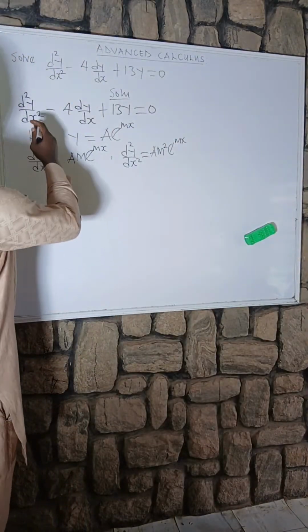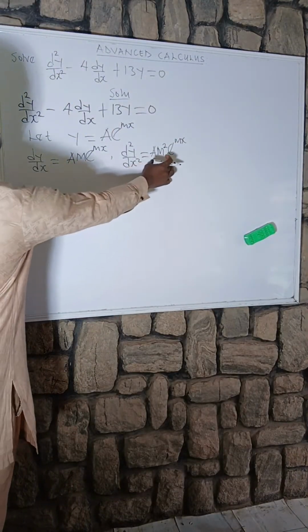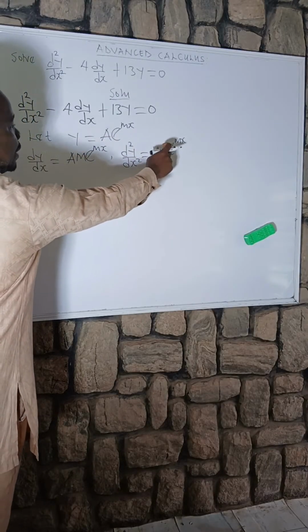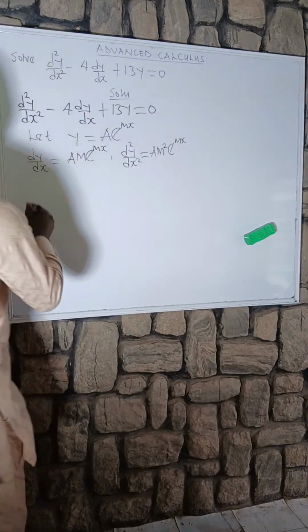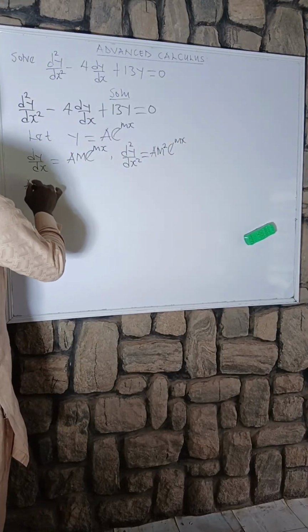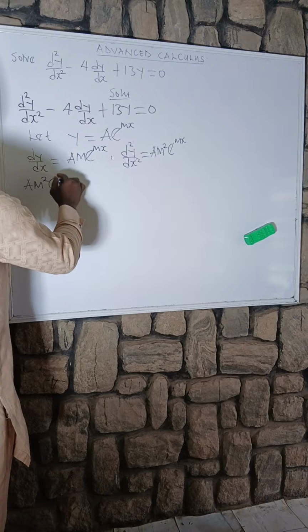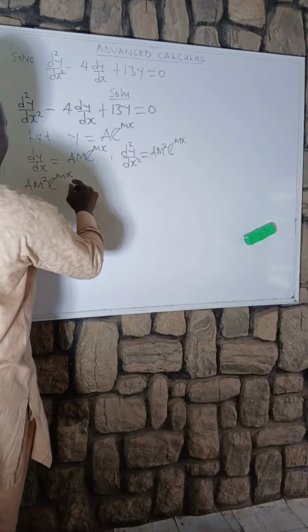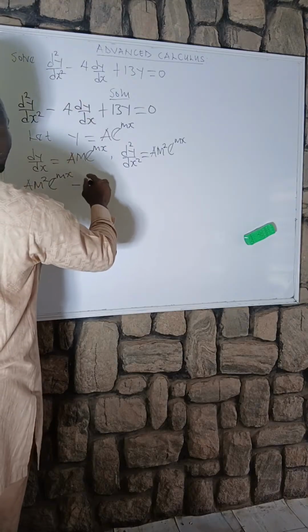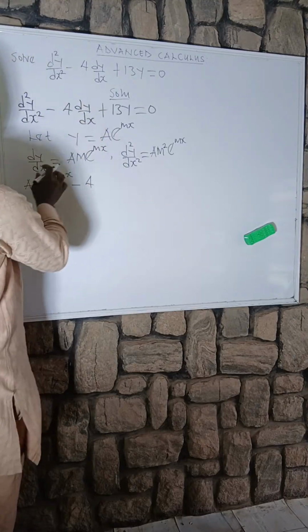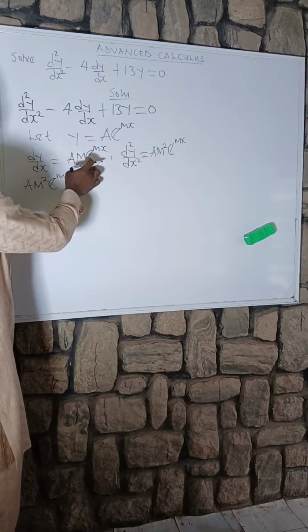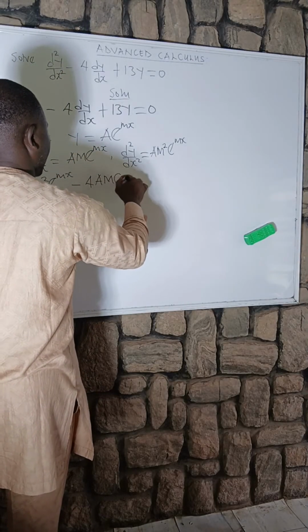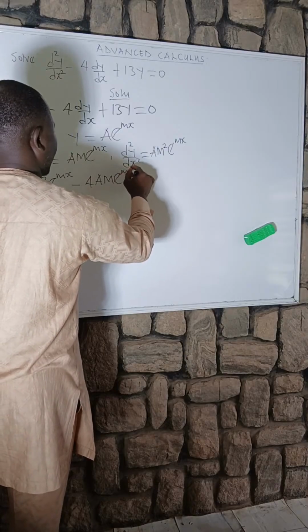So what we need to do is substitute. Instead of this, we write a m squared exponential mx. What we have here is minus 4 times dy over dx, which is a m exponential mx.